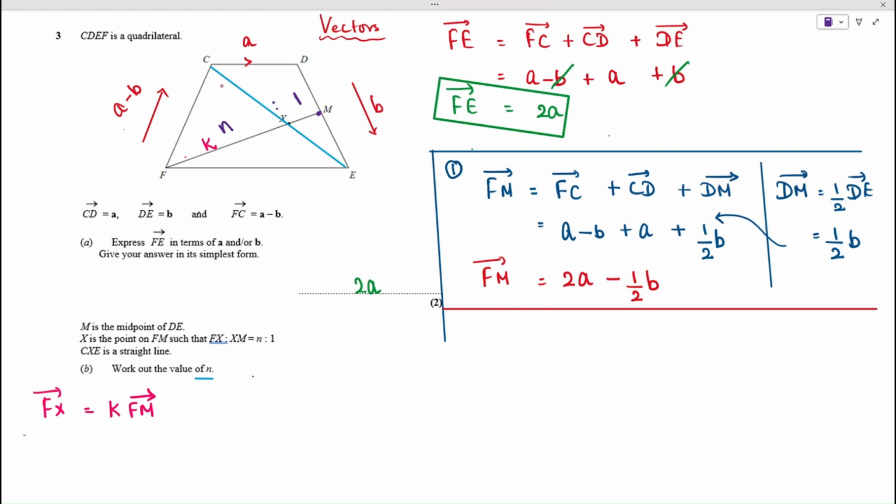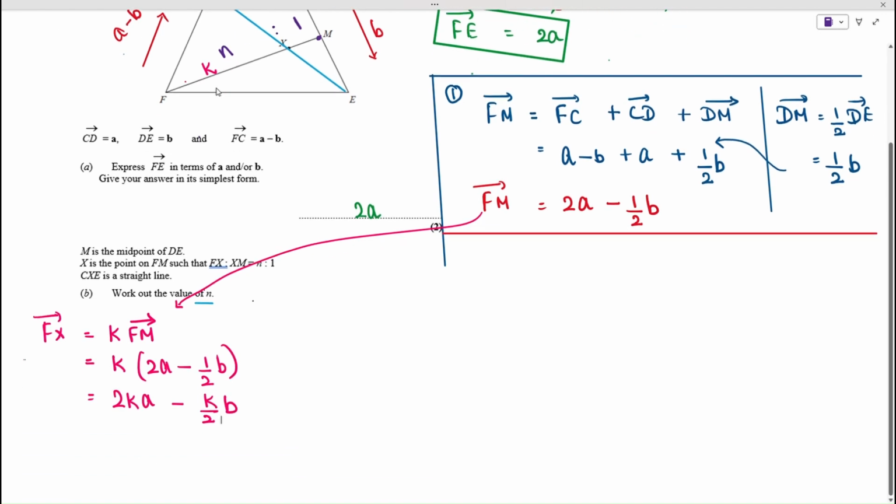We have calculated F to M, and we're just going to multiply these values by k. So we have k times 2a minus 1 over 2 b. And if we multiply our k in, we get 2ka minus k over 2 b. Usually when expanding our brackets, we would put our letters in alphabetical order, but here we're trying to isolate k to our coefficient, so we can leave a and b as they are.